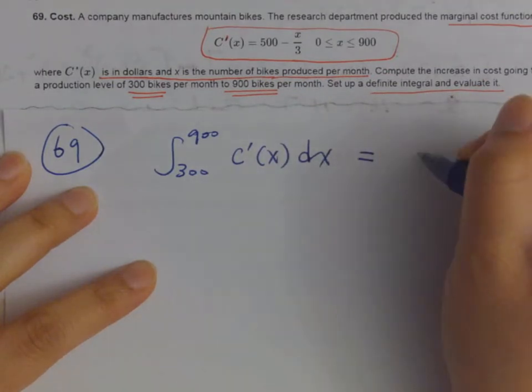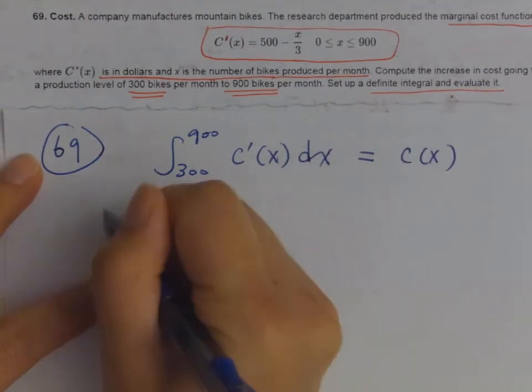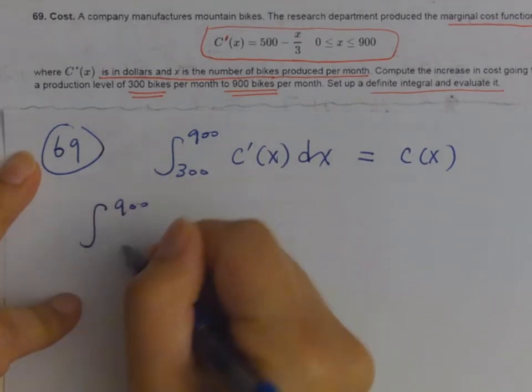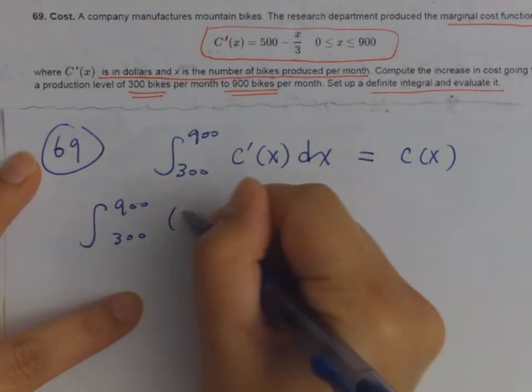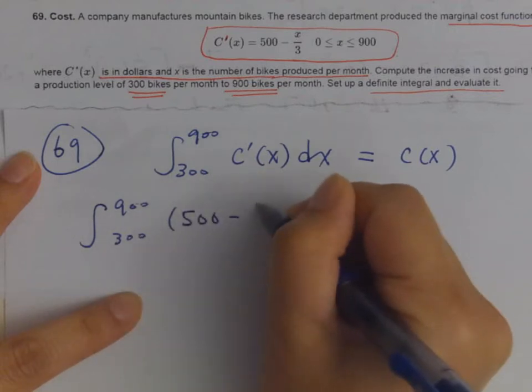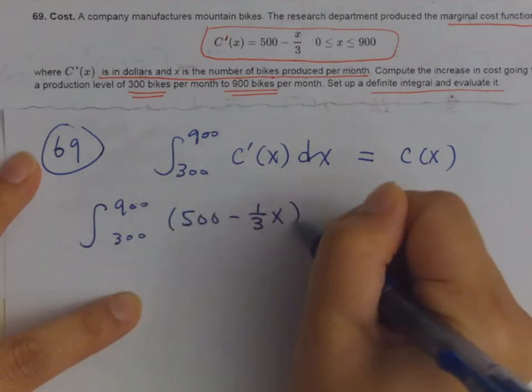And then after you do that, you will get the cost function, right? Okay, so let's start with 900, 300. The function was 500 minus 1/3 x, right?